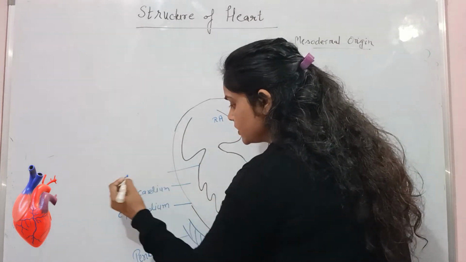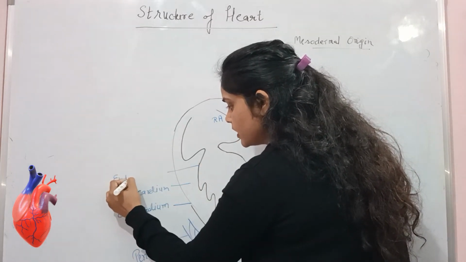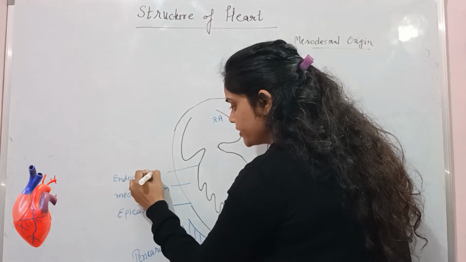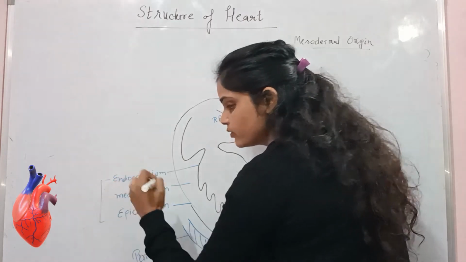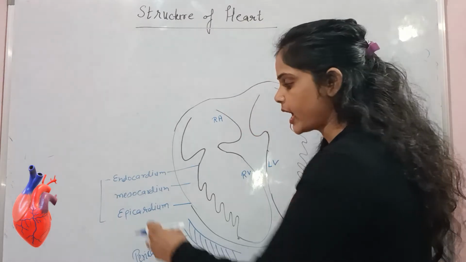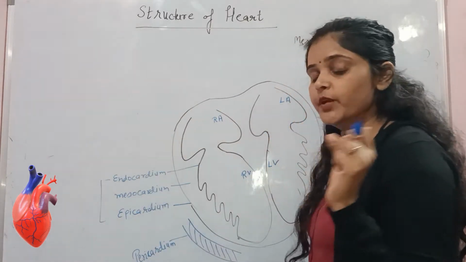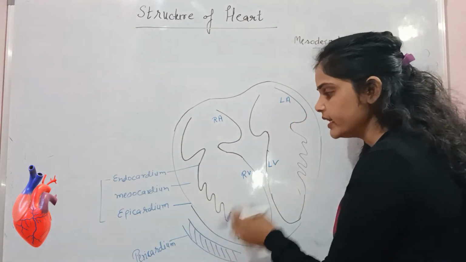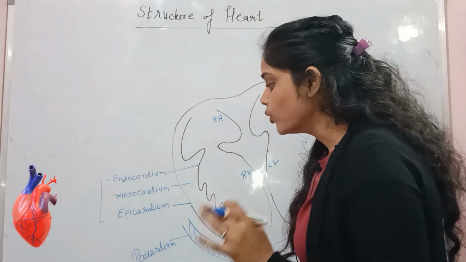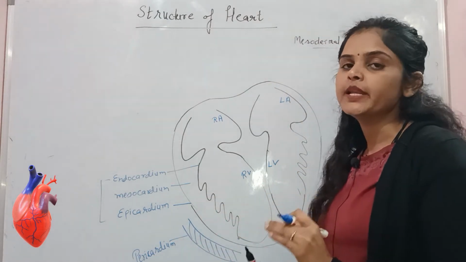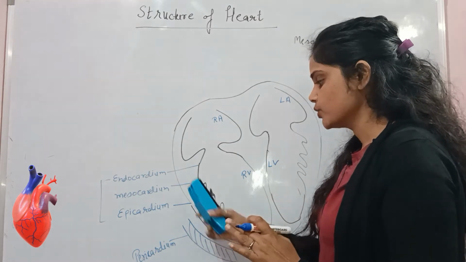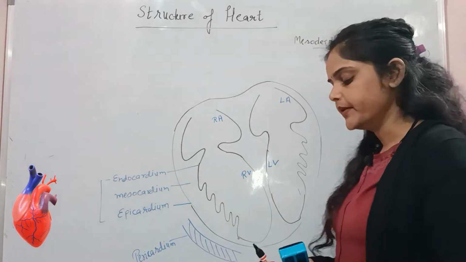The endocardium. Okay, so these are what? The walls of the heart: epicardium, mesocardium and endocardium. One important thing is that the middle layer or mesocardium is what? More thick. The thickness of middle layer is much higher. So these are the 3 layers which are present in the heart.